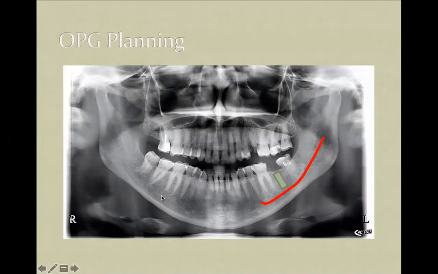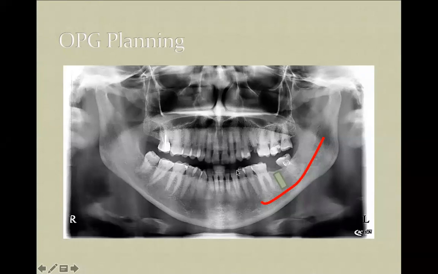Sometimes OPG will give a kind of smoothing picture, so it's not really clear where the nerve is, but within my clinical experience, it is here, so I trace it here. And once you trace the nerve, you can measure which length of the implant is acceptable.